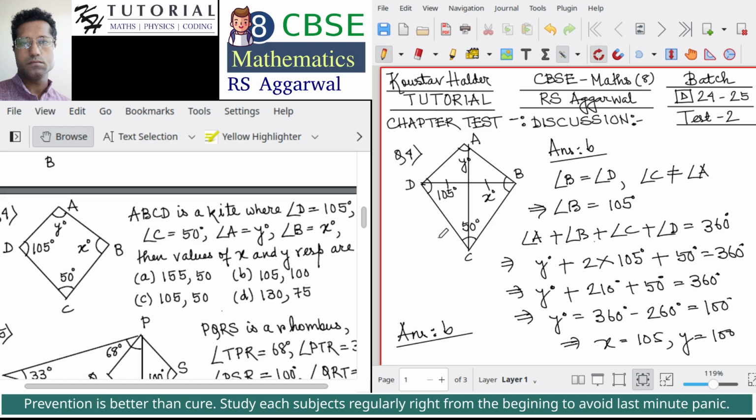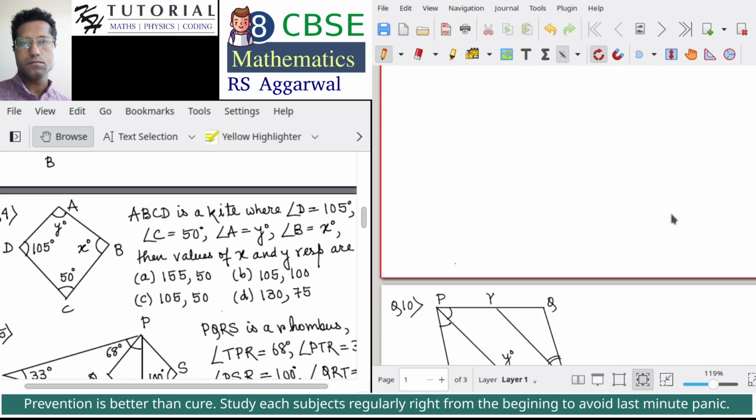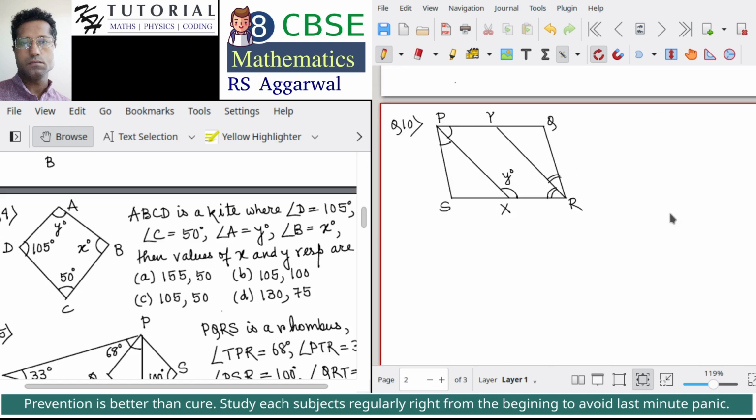Okay, so that was question number 4. Now question number 10. I also looked at the solution of the problem from where I took this problem.